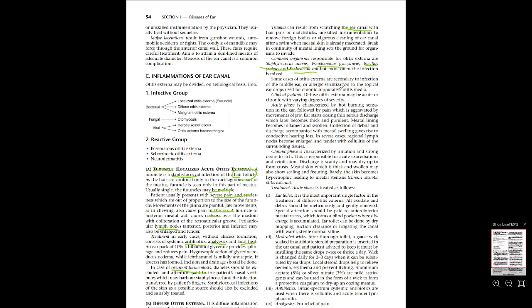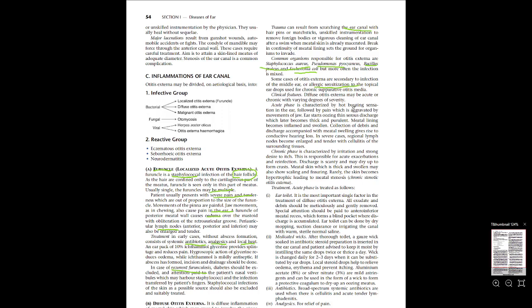In some cases, otitis externa is secondary to infection of the middle ear, or if there's a problem in the middle ear, it can slowly spread to the external ear as well, or to the mastoid cells, and allergic sensitization can also be a cause. Clinical features can be acute or chronic.